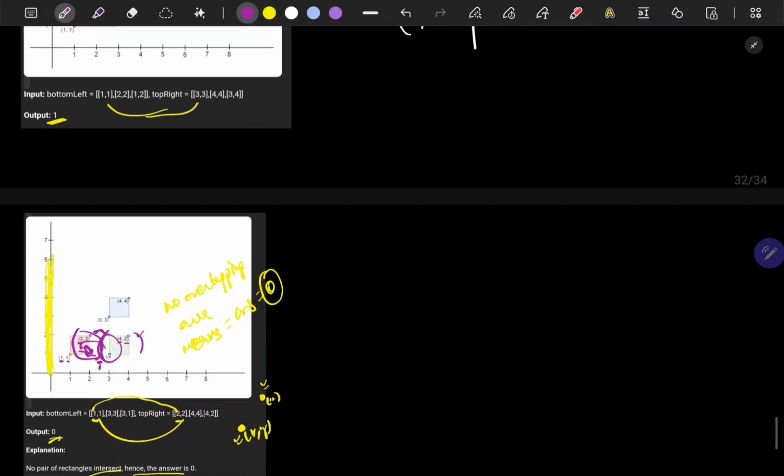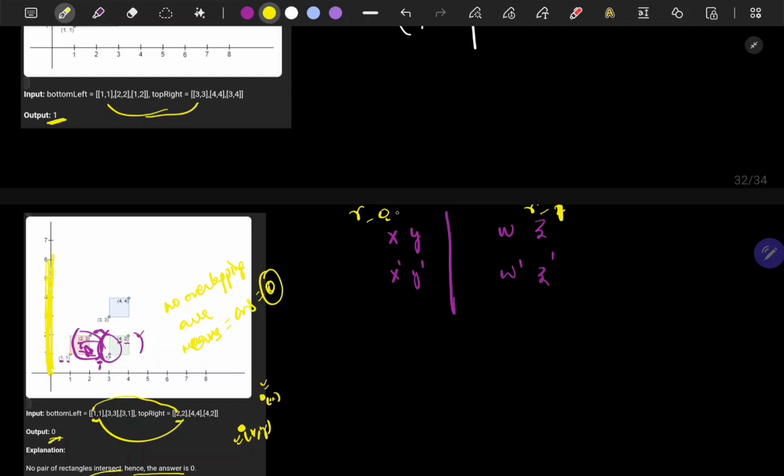So what our conditions will be, let's say x dash, y dash, and this, let's say w, z dash. This is rectangle 1, this is rectangle 2.